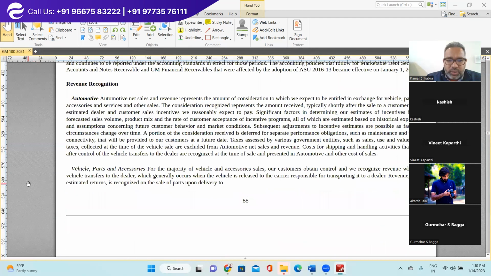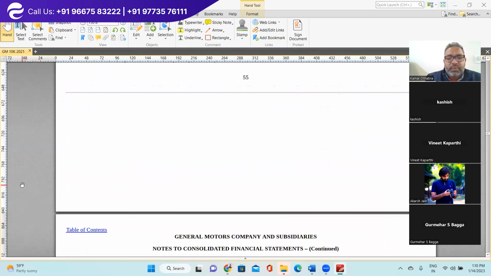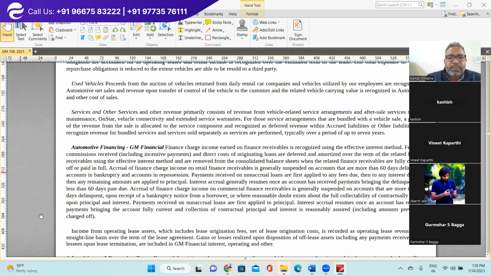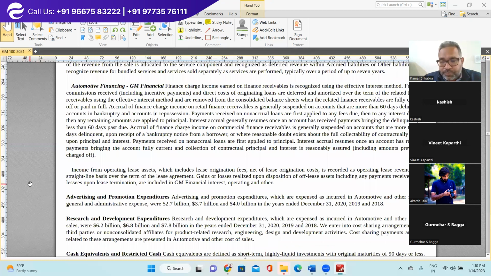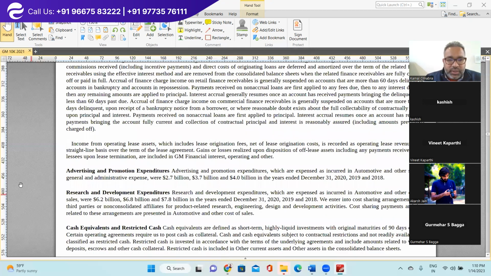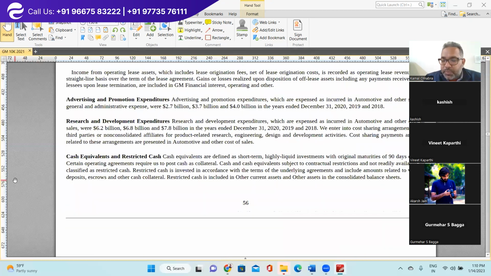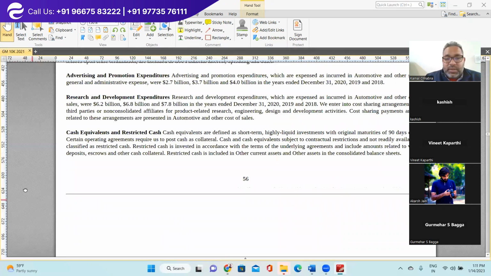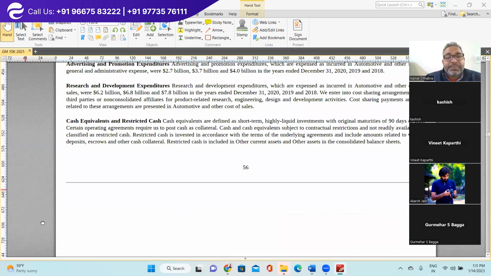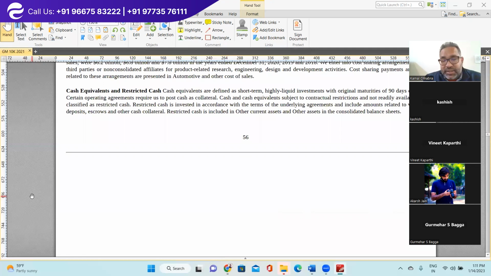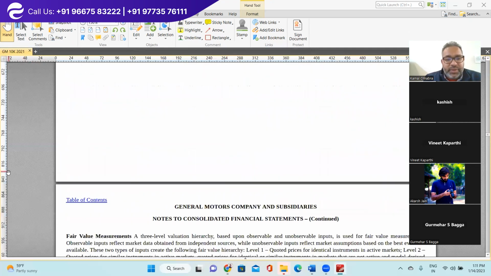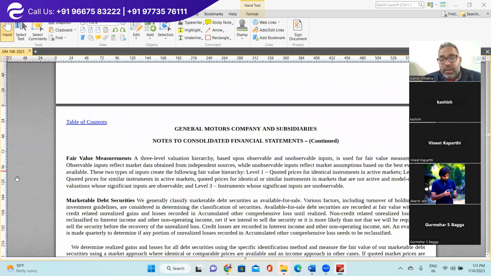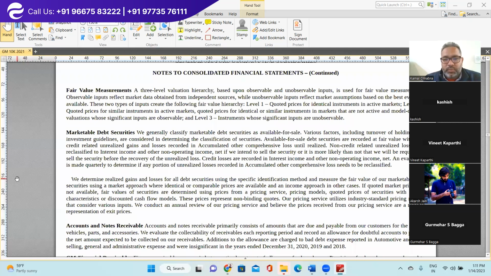First one is revenue recognition. What all things they have considered for revenue recognition? What revenue recognition policy they followed for GM Automotive and for GM Financial, right? Then advertisement and promotional expenditure, how they dealt with research and development expenditure, what they have considered as cash and cash equivalents or restricted cash, right? What they have considered for calculation of fair value measurement, what policies, principles or methods they have used, right?